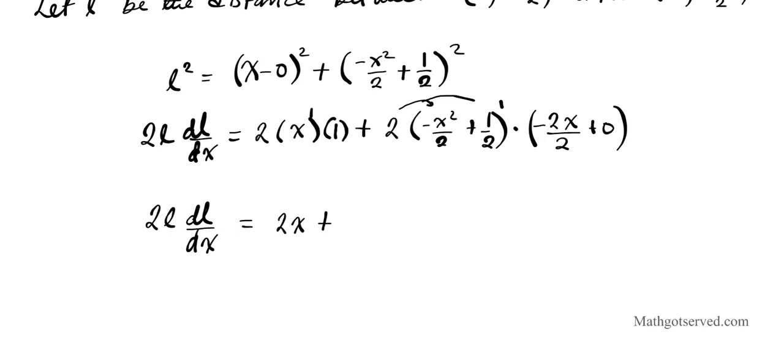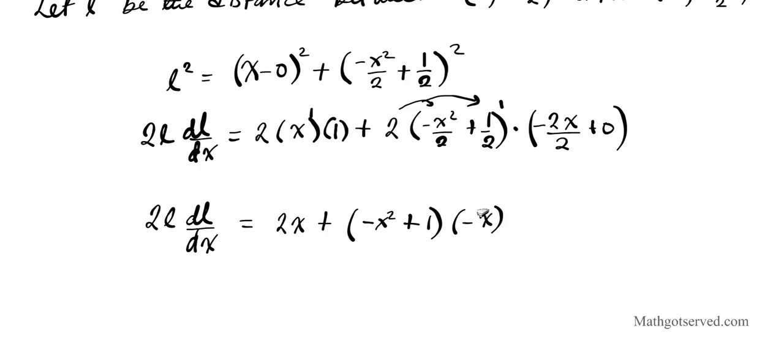Since they both have the 2's, we just cancel them out. So it's going to be times negative x squared plus 1, and then this 2 divides out, so it's going to be times negative x.